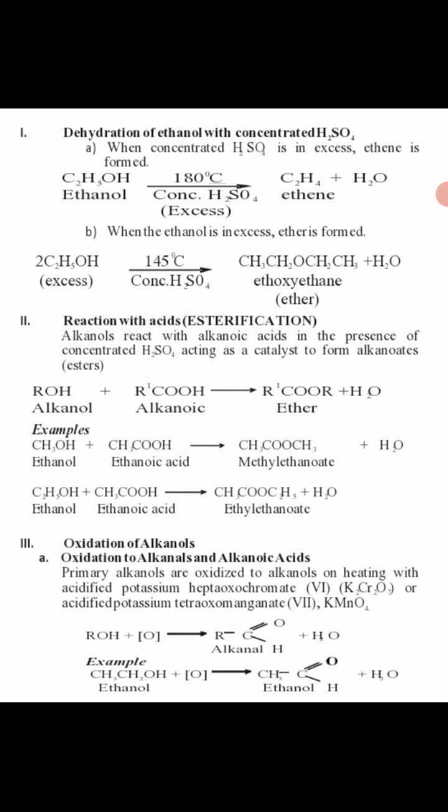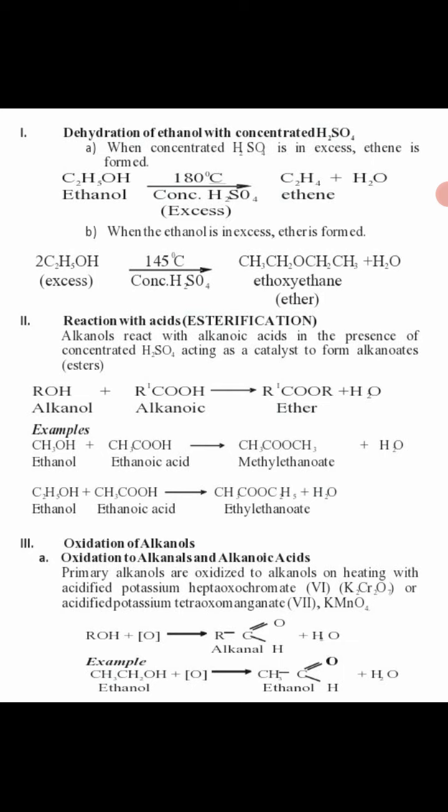Look at examples. When you react methanol plus ethanoic acid, you have methyl ethanoate. All you need to do is remove the H from the acid and substitute it with the CH3 from the base, from the methanol. You're going to be having CH3COOCH3, a double substitution reaction, plus water.